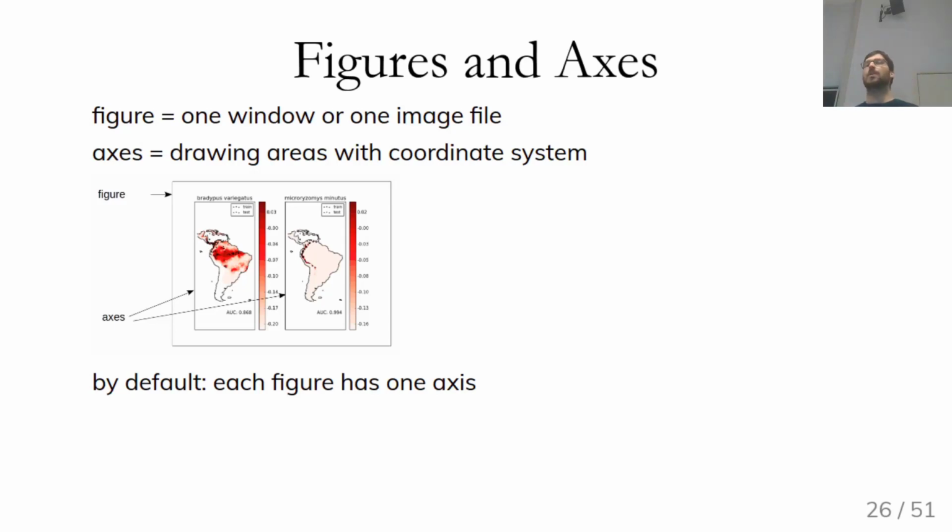By default, if you call plot, it'll create one figure, and the figure will have a single axis, and you'll plot into this axis. But very often it's nice to create multiple axes within the same figure if you want to do small multiple plots or something like this. So here you have two axes within a single figure.